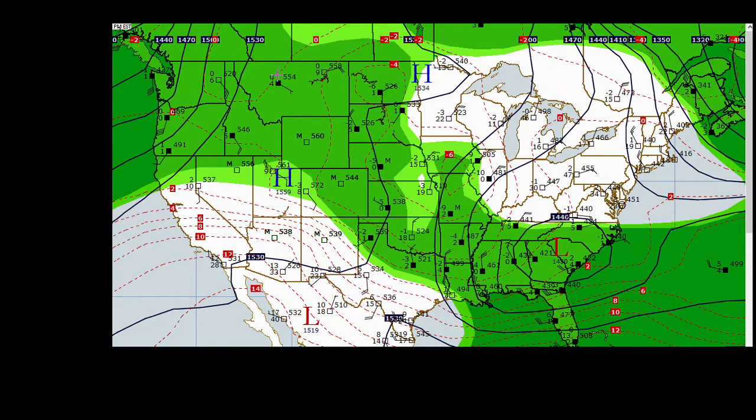I'm right over Montana. 0 degrees temperature Celsius, and then the 4 is a dew point depression. That's the difference between the temperature and the dew point. So basically, you're at -4 on the dew point, because the dew point is always a lower temperature than the air temperature.